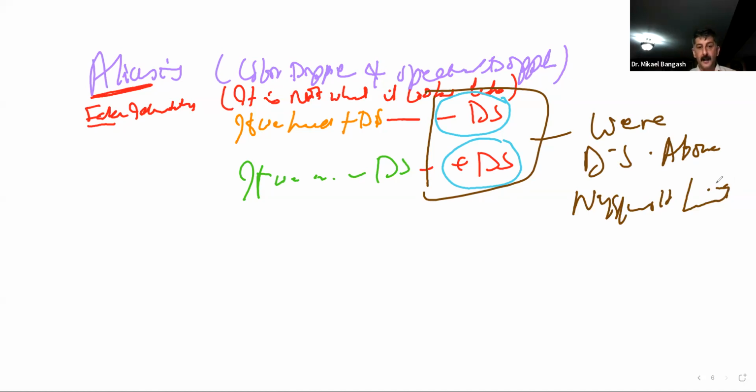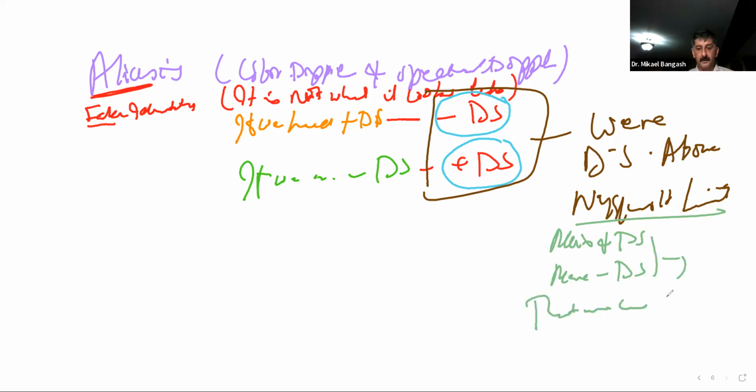Now, the Nyquist limit is the maximum positive Doppler shift or the maximum negative Doppler shift that we can measure.